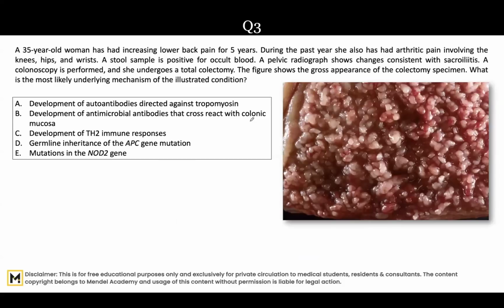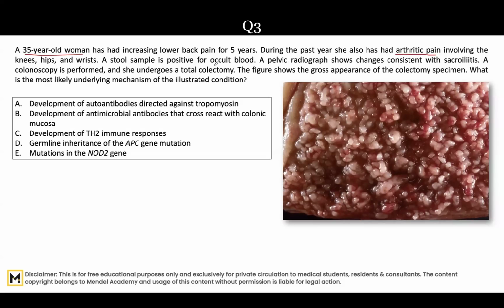This is the second one. So we have a 35-year-old woman. Now she has a very different story. She has arthritic pain. So we are talking of the extraintestinal manifestations. So she has arthritic pain involving knees, hips, wrists.